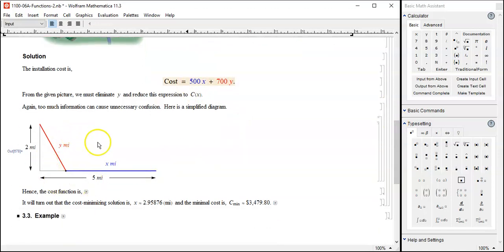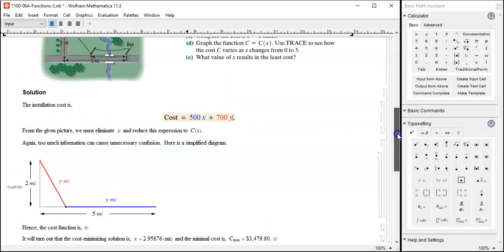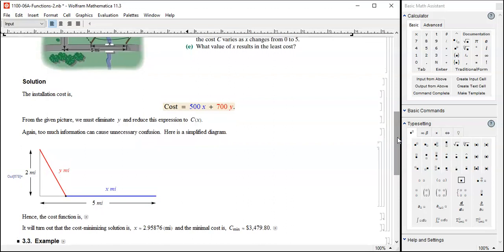And then as for which is which, never mind, that's going to be too much. We'll just simplify this, solving one variable with respect to the other using this geometry, and eliminate one of the characters.